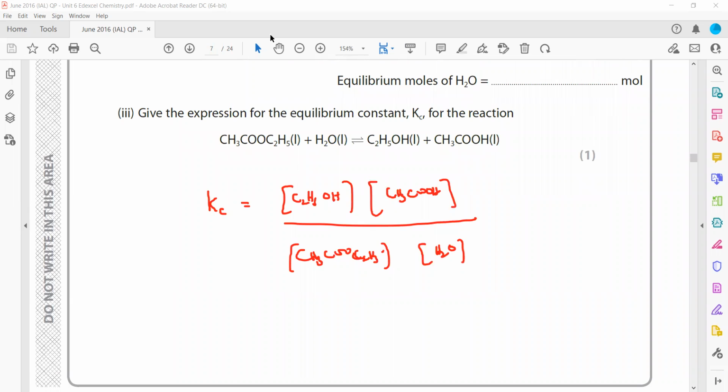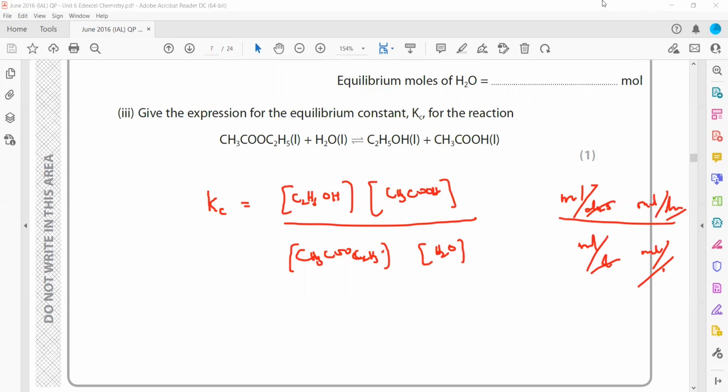As you can see, there will be no unit for this Kc, because concentration is mole per dm cube, mole per dm cube, mole per dm cube, and mole per dm cube. These all dm cube and moles will cancel with each other, so it does not make a difference. If we substitute the moles or the concentration, we will get the same answer.